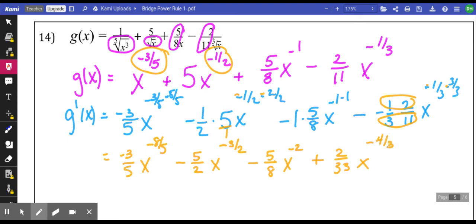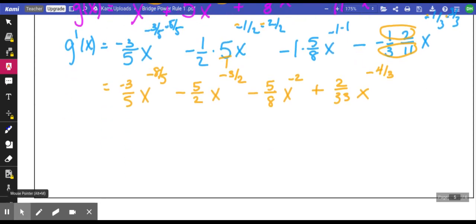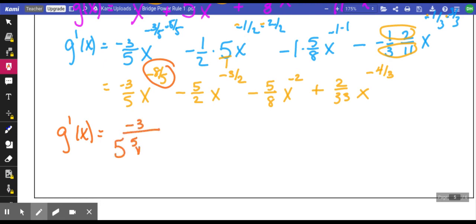And then my last step, of course, is just to clean this bear up. Negative exponents going to the bottom and putting anything into radicals that need be. So this has a negative exponent, so this x is going to the bottom. So I'm going to say that's negative 3 over 5, and this is the fifth root of x to the 8th.